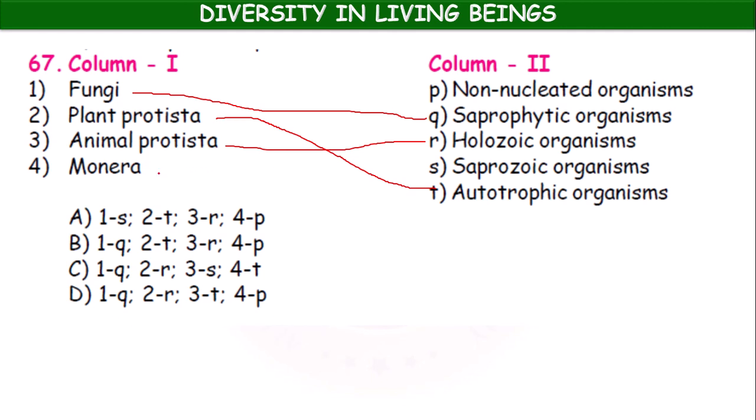Okay, Monera, they are simple prokaryotic, so non-nucleated organisms. So here 1T, 1Q, 2T, 3R and 4P. So option B.